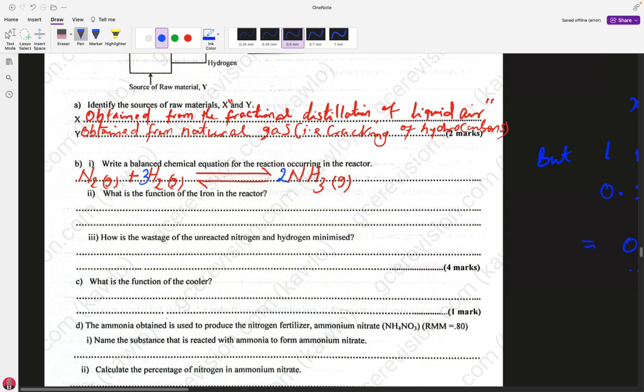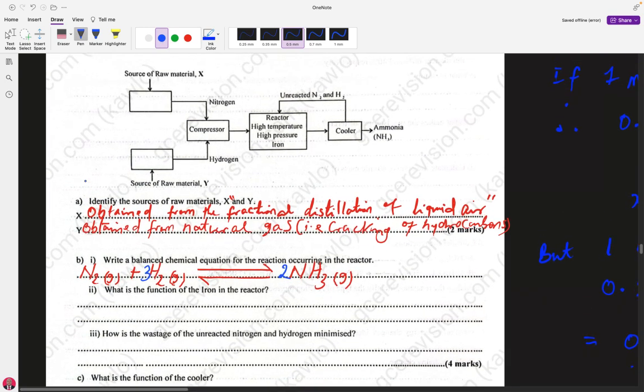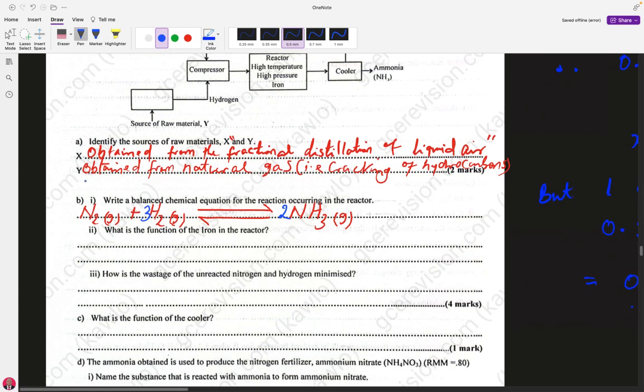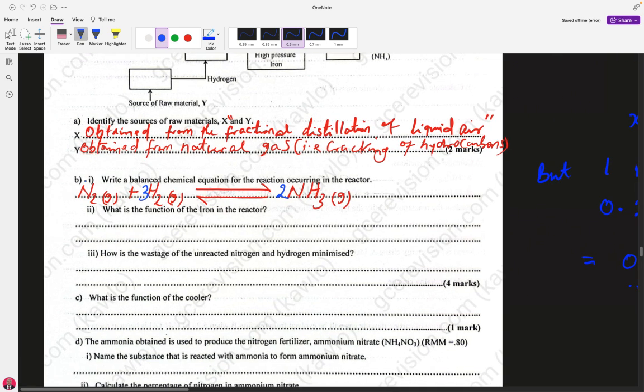Now let's move on again. What is the function of the iron in the reactor? When I first lectured you about this, you should know that iron is used as a catalyst. Finely divided iron is used as a catalyst in the reactor. So what is the function of iron in the reaction? You don't need to write too much.